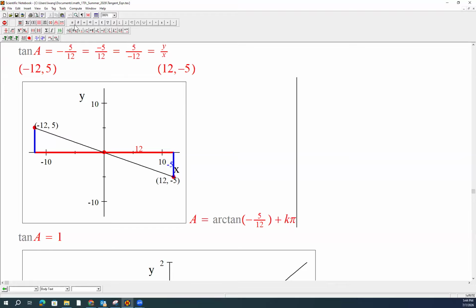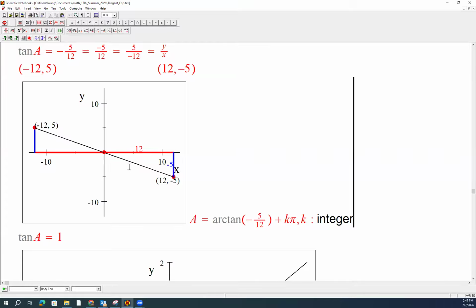And you're finished. And k is any integer. It could be positive or negative. The argument is the same. Any integer.